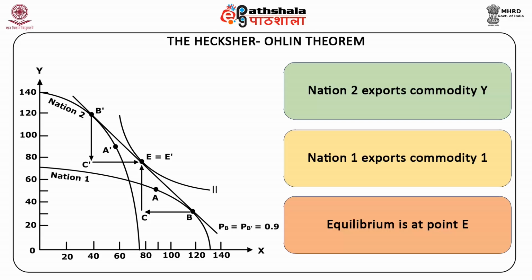Similarly, at point E, Nation 1 has more of commodity Y and less of commodity X, but it is also better off by trading because it is on a higher IC. So, both nations gain from trade by consuming on a higher indifference curve. Hence, following the HO theorem, both nations gain from trade.